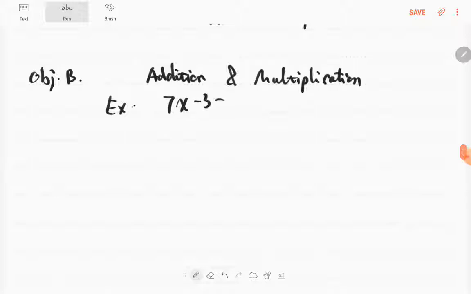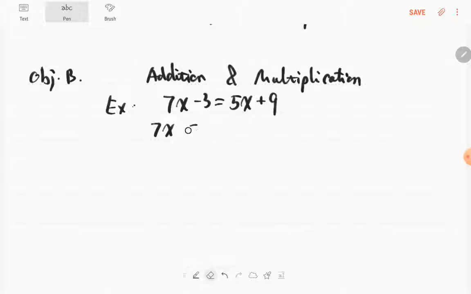Okay, let's check the example. 7x minus 3 equals 5x plus 9. First, we want to get x alone, but one side has x and the other side does not have x, so we should do minus 5x for both sides.